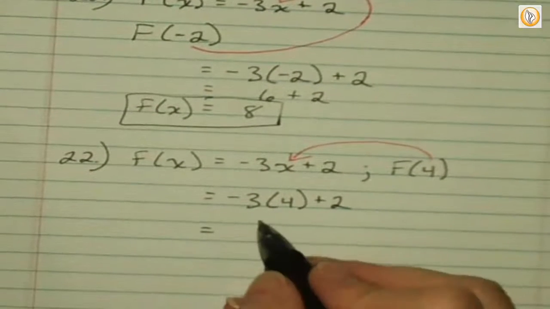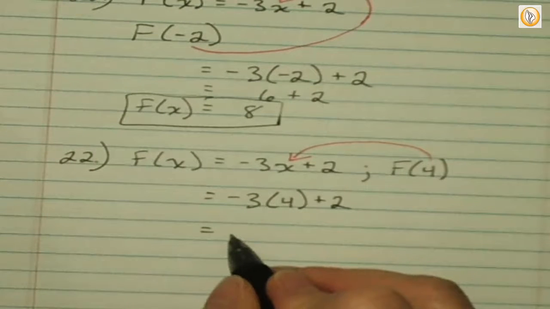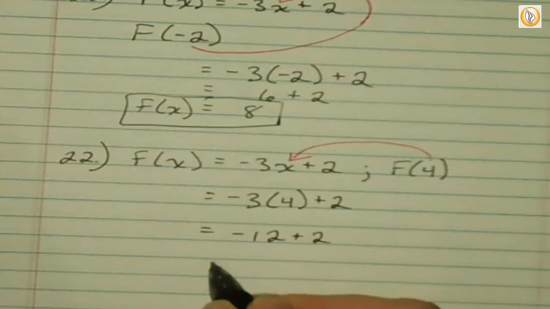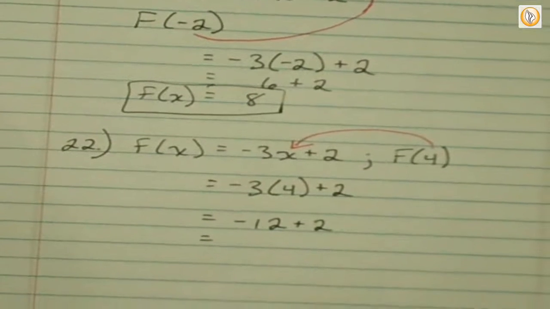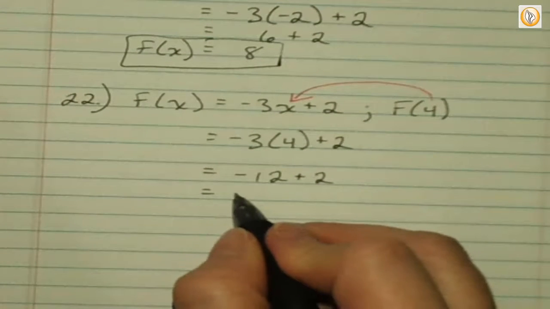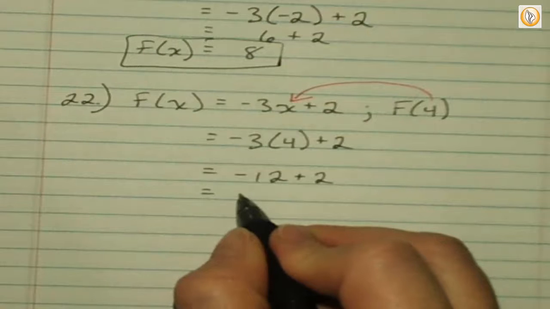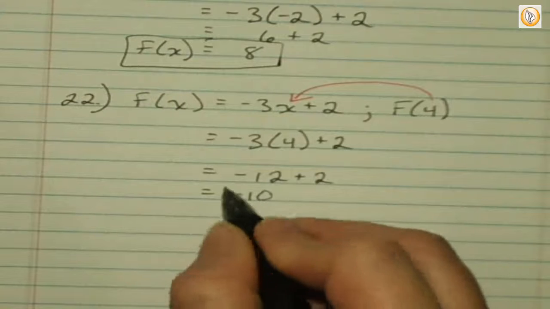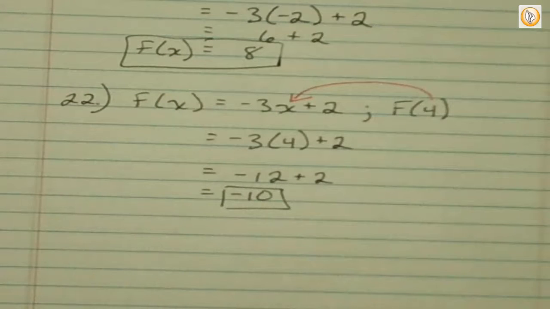And Michaela, what is negative 3 times 4? Negative 12. And then when you're done writing, what is your answer? Negative 10. Good job. Any questions?